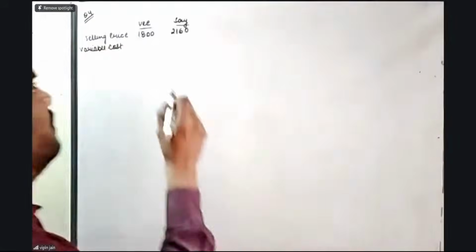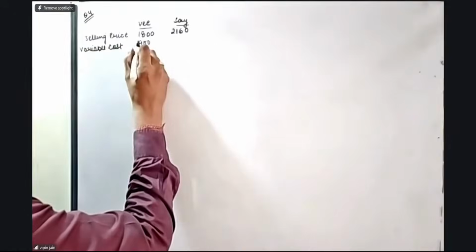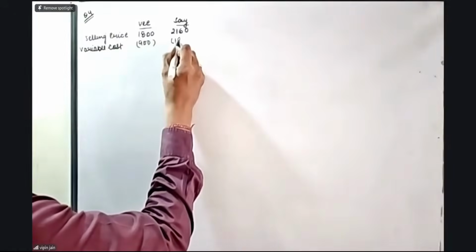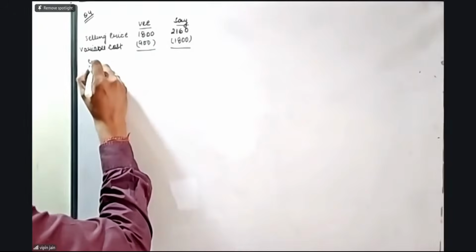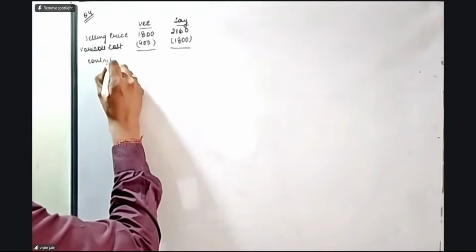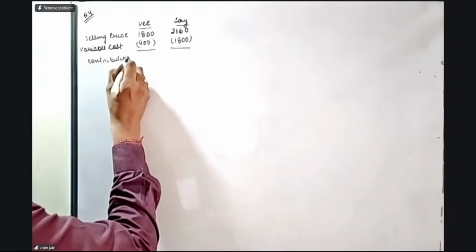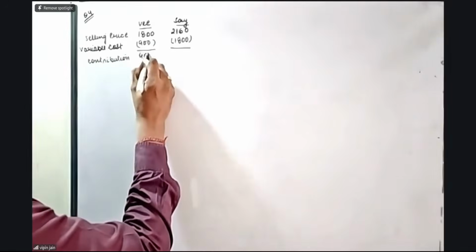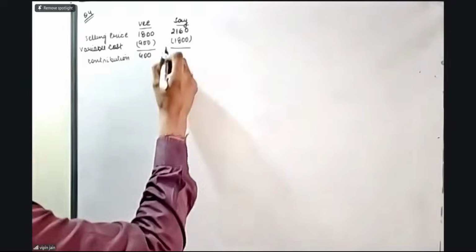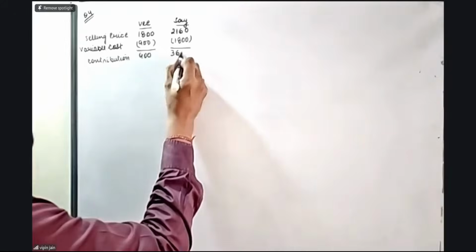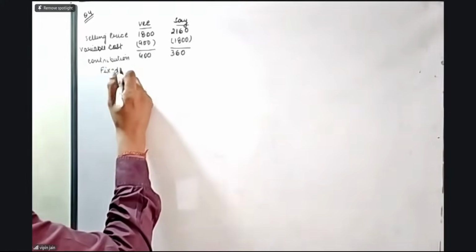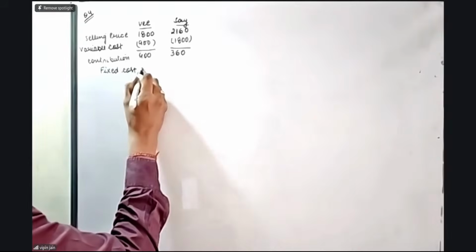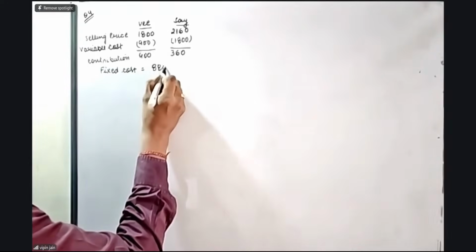Variable cost is 900 and 1800. Contribution will be 900 and 360. Now fixed cost is given, that is 88,000.